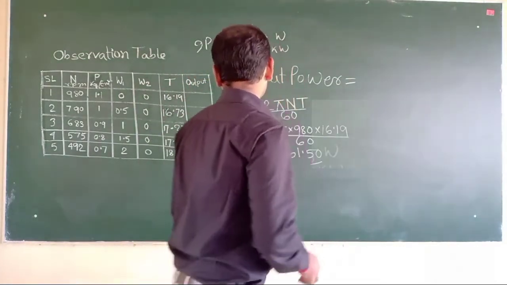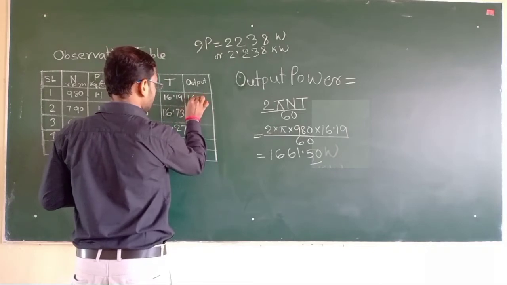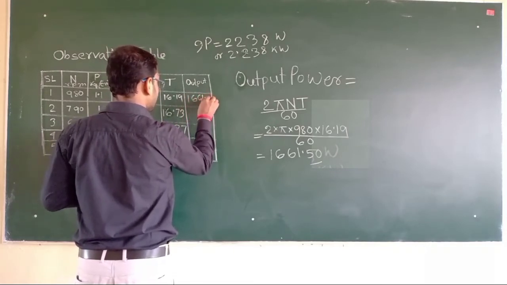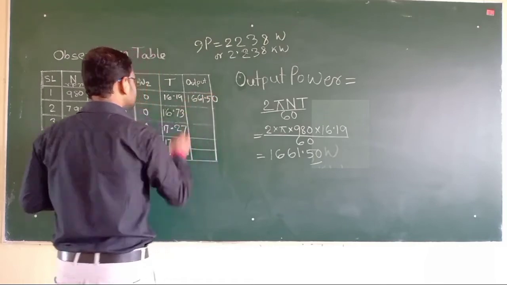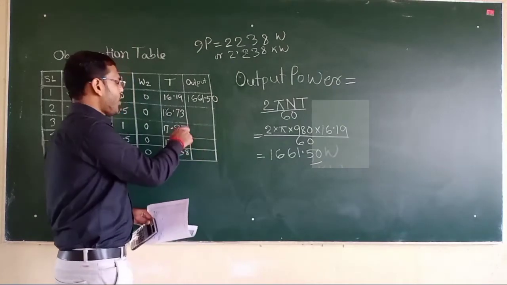So we put it, 1650, and similarly we put all the values.